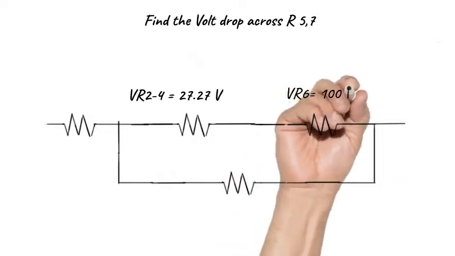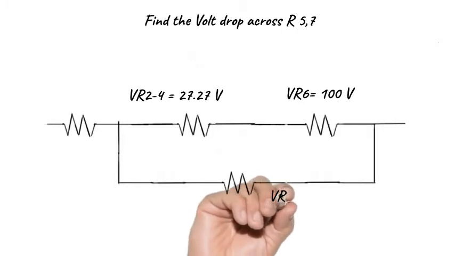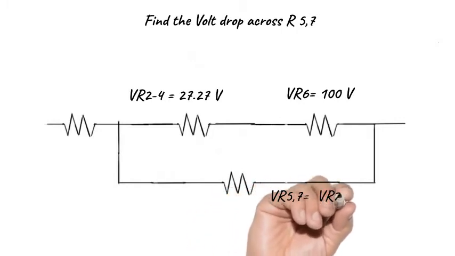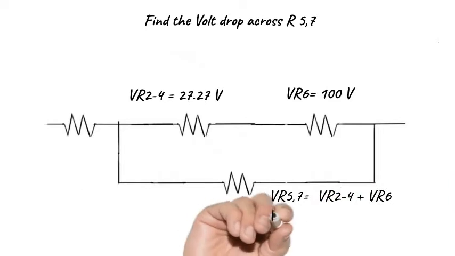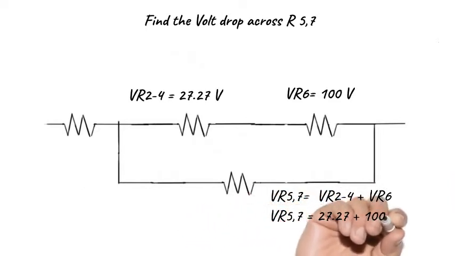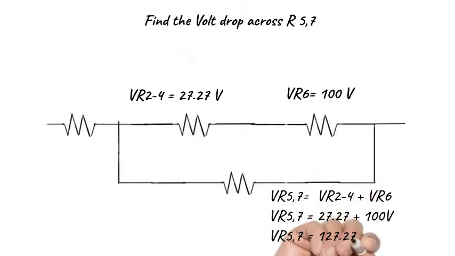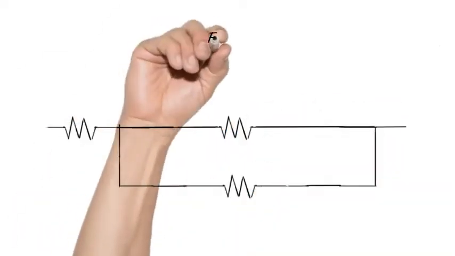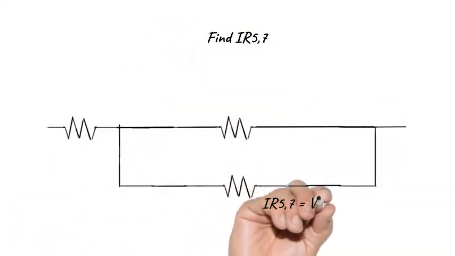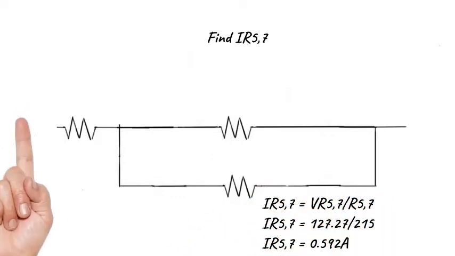Thus, we can add the volt drop across R2-4 plus R6 to get a total volt drop for R5 and 7 of 127.27 volts. And so it follows that the next thing we want to look for is the current through IR57, and we will take our voltage of 127.27 divided by 215 for a current of 0.592.